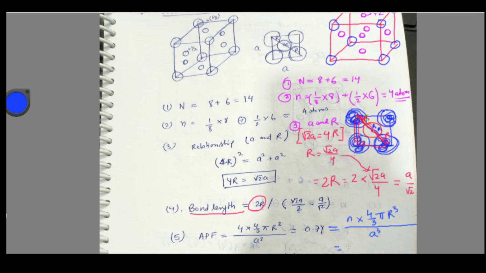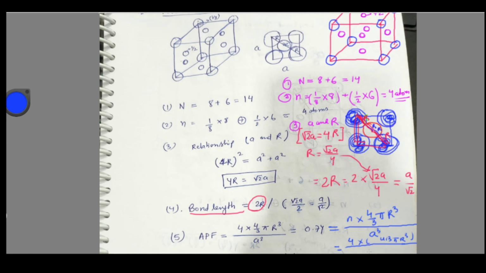Just place the values: the effective number of atoms in the face centered cubic cell is 4, as we have calculated, the volume of an atom is 4 by 3 pi r cube, and write a in terms of r.